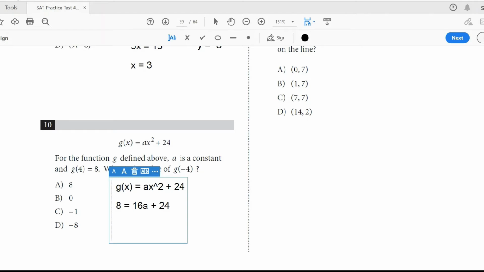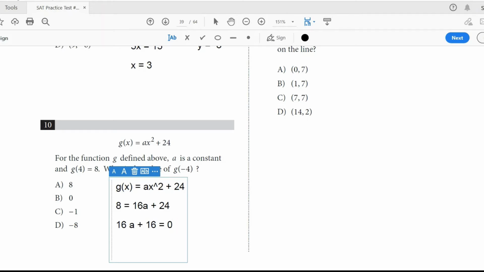Therefore, if we were to not use a calculator, this would mean 16a plus 24 is actually equal to this, because 8 and 8 cancel out here.